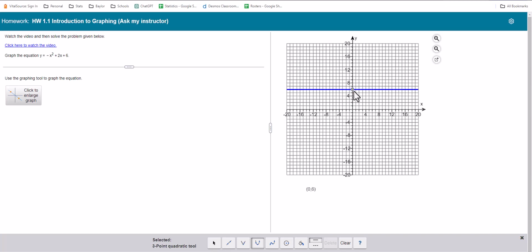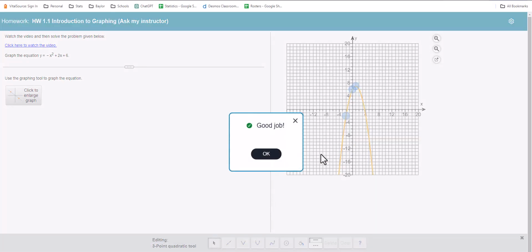And now I need to go to what, 1, did I not hit, oh I did, 1, 7, there we go. And then finally I need to go to negative 2, negative 2. And check that, and woohoo!